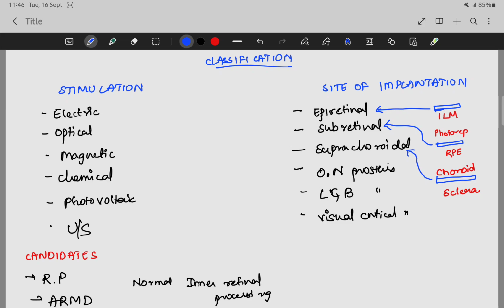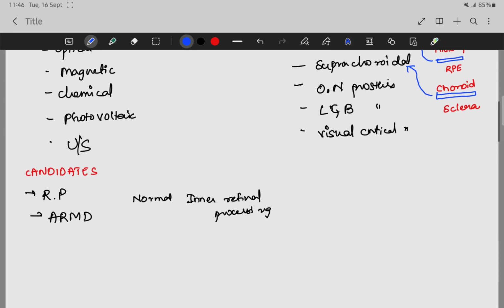Now coming to epiretinal prosthesis, epiretinal implants. So it has external elements and internal elements. So there is a spectacle unit.